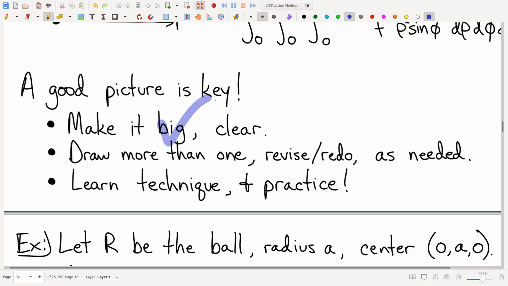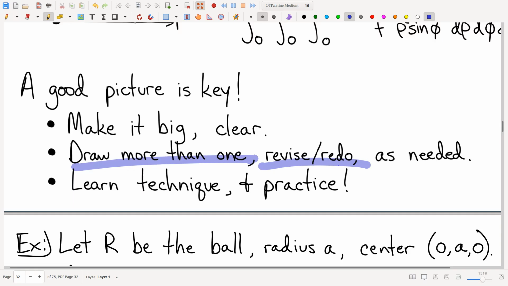Make it nice and big. Think it through. Make it a nice, clear picture. Don't expect that you're going to be able to take the equations that are given and that your inner oracle is just going to produce a perfect picture first time. No, I certainly don't. I go through a revise and redo process. Usually, my first shot at a figure is kind of bad.